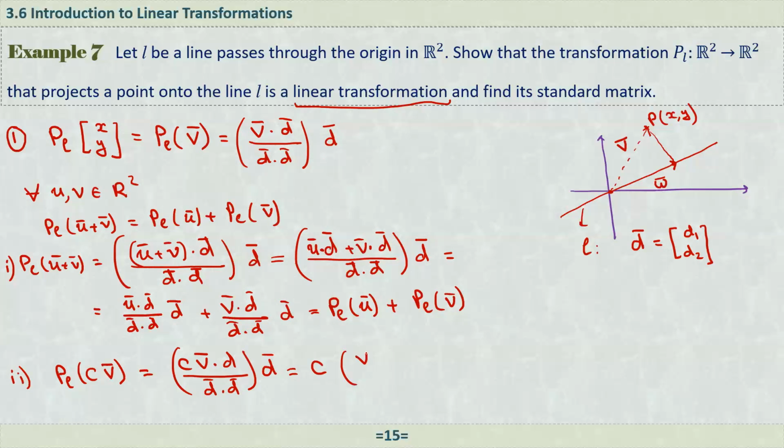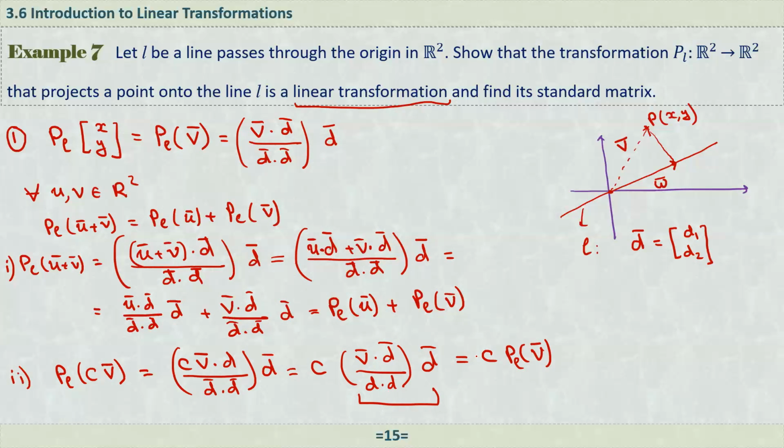So here we have V dot D over D dot D, and here we have vector D. And this part is exactly PL of V. So here we have C times PL of V.